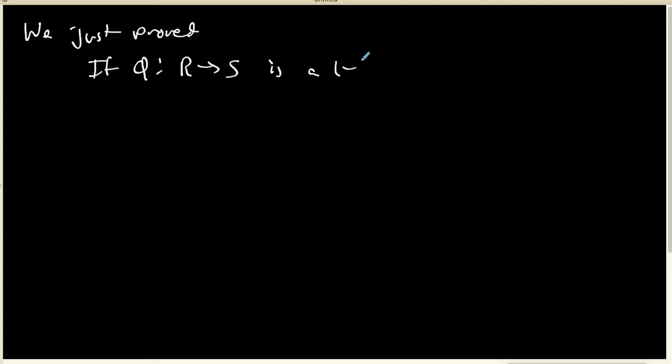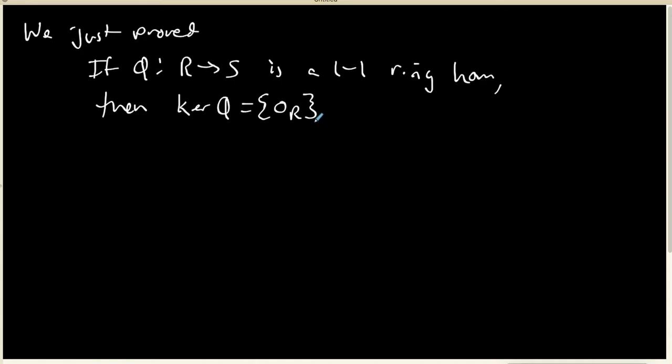So we just proved the statement: if phi goes from R to S and is a one-to-one ring homomorphism, then the kernel of phi is nothing more than a singleton set consisting of the zero in ring R. Well, what I want to do now, as mathematicians often do, is ask the question, is the converse of this statement true?